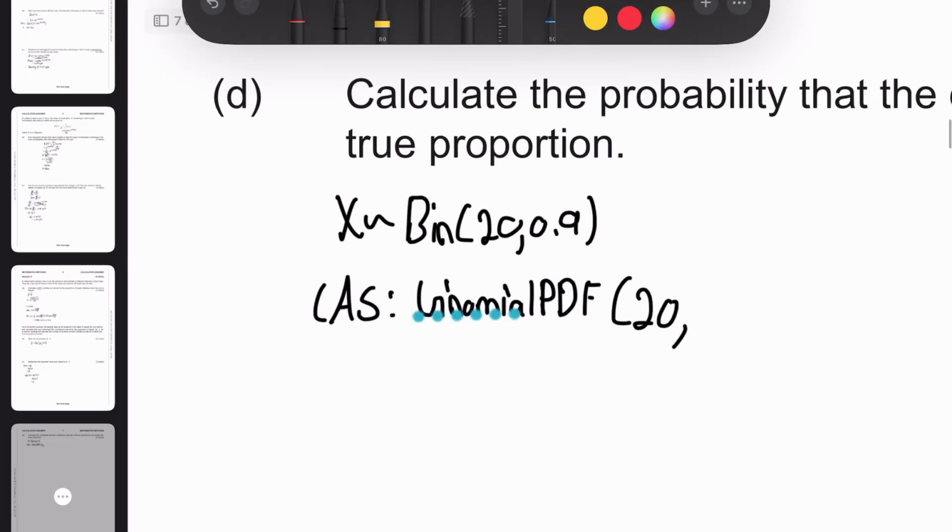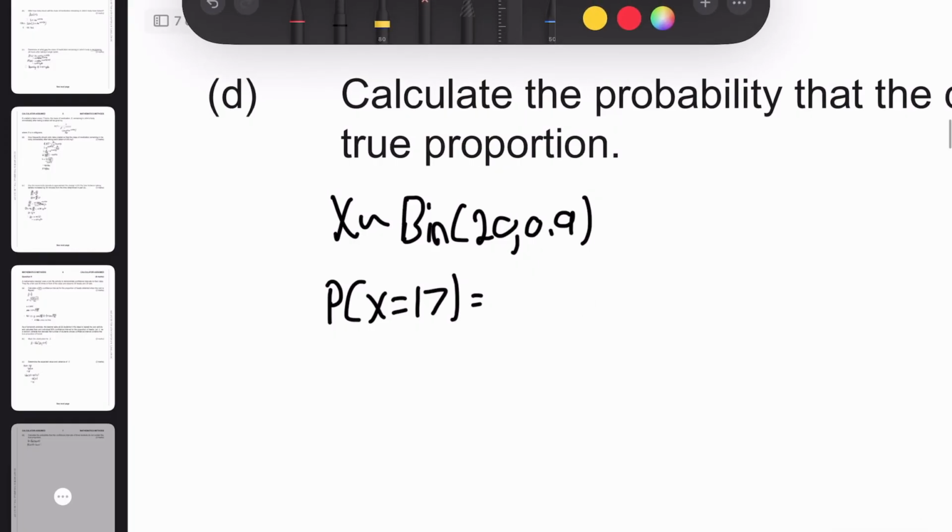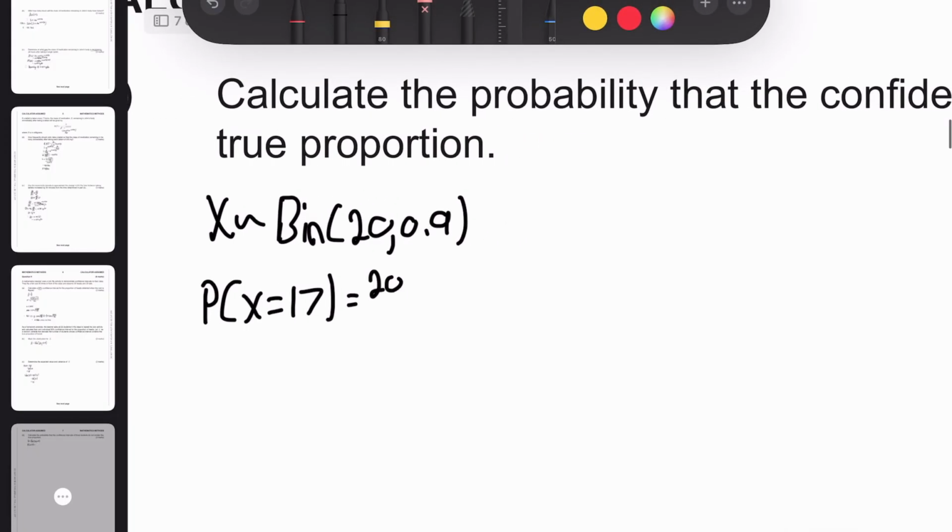So we want the probability of x equal to 17, which is going to be equal to binomial. Well, actually, we could do 20C17. This is so much work.